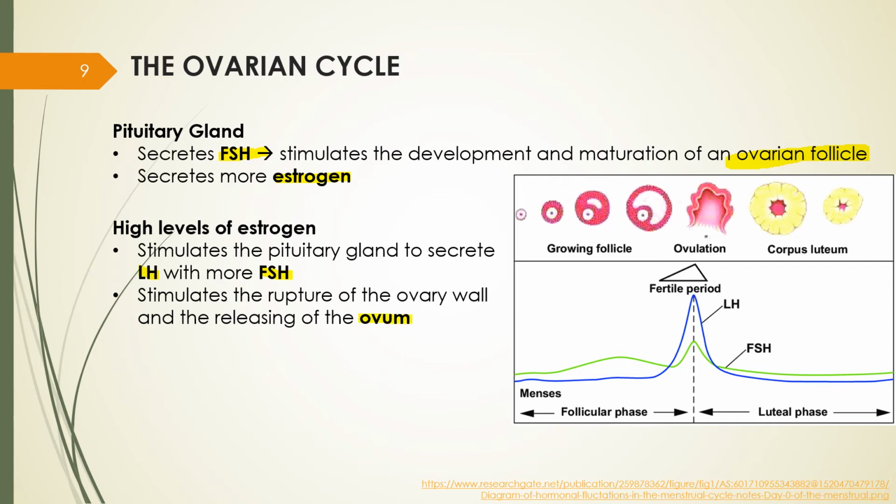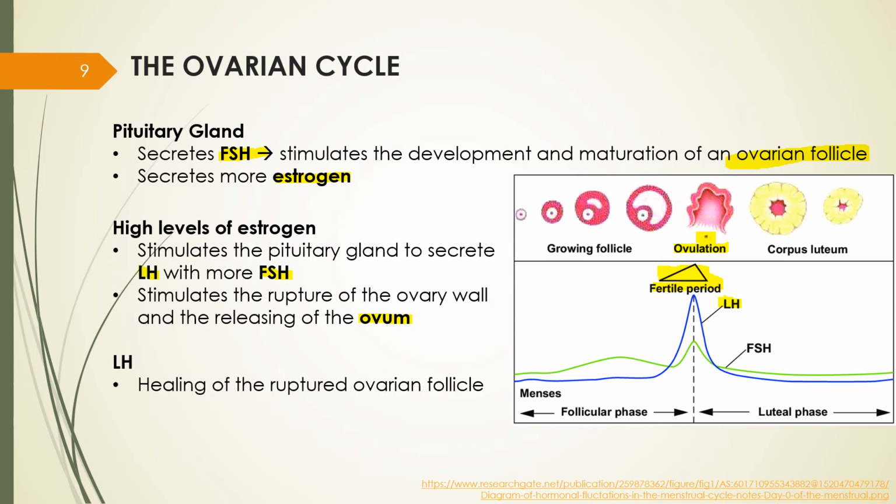So the release of the ovum just happens when I have high levels of LH. So here you can see the fertile period. I need to have high levels of hormone LH for the ovulation to happen. What's ovulation? When I liberate the ovum, okay?